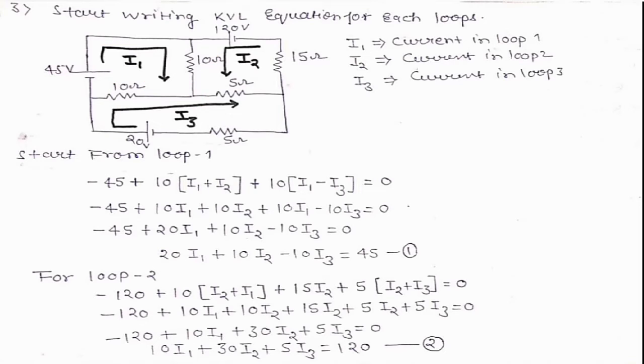And here there are two currents again: this current is called I1 and this current is called I3. The currents are opposing each other, so they are not in the same direction. I1 shows this direction and I3 shows the opposite direction.